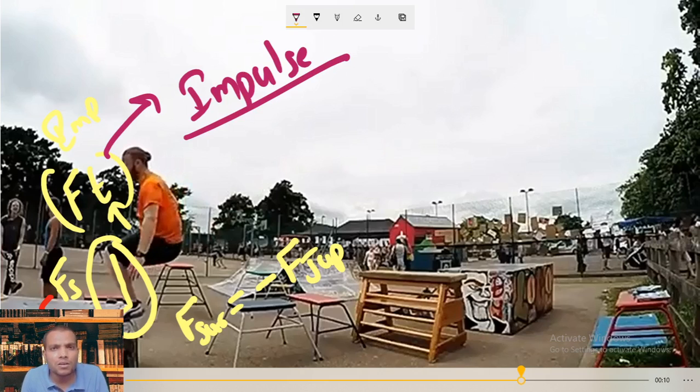That is the effect of change in momentum. If we pull our hands down like this, we are increasing the time of contact. That increased time of contact decreases the effect of force, so our hands will be safe.